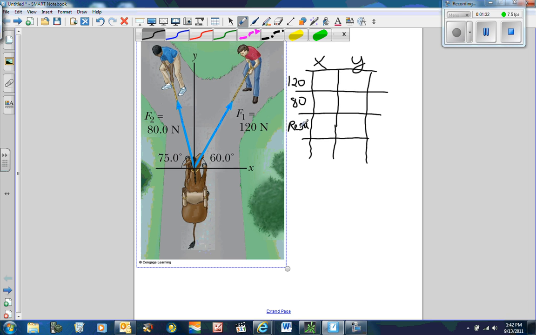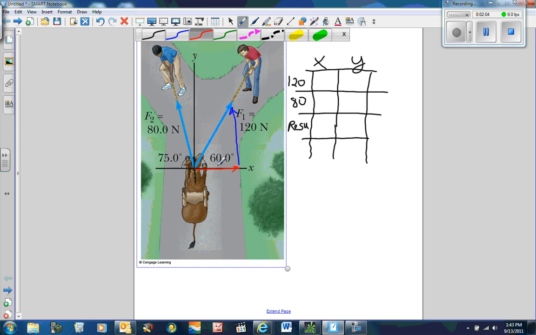So what we're going to do here is divide each vector into x and y. See, this is two-dimensional. It's in the first quadrant. And this one has an x, which will make red, and then it has a y, which will make blue. If I want to find the red, I'm going to use cosine, because cosine is adjacent divided by hypotenuse.